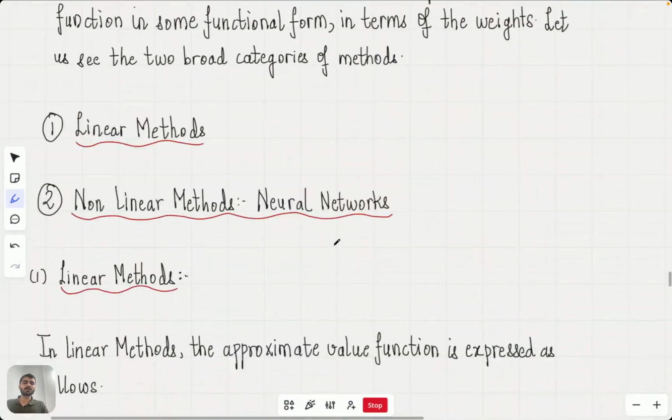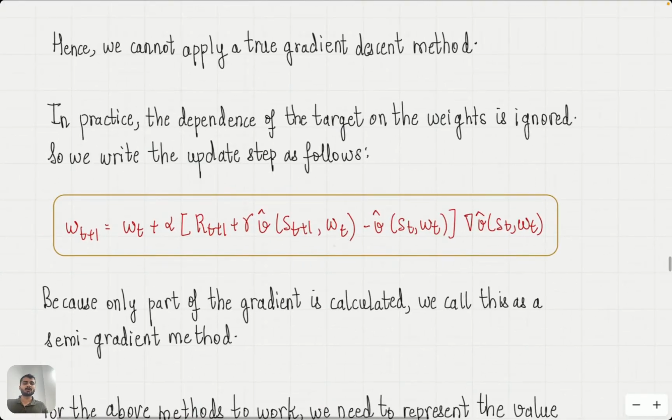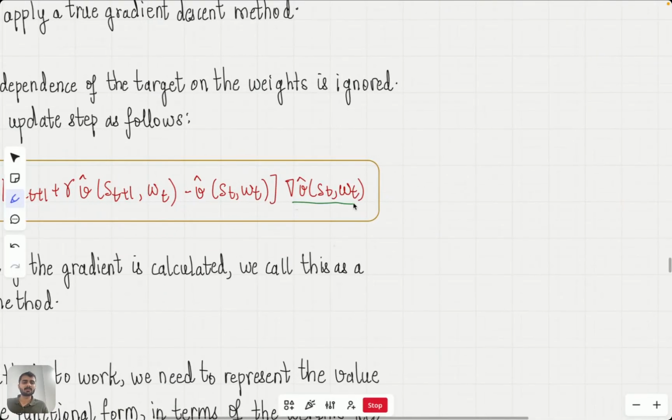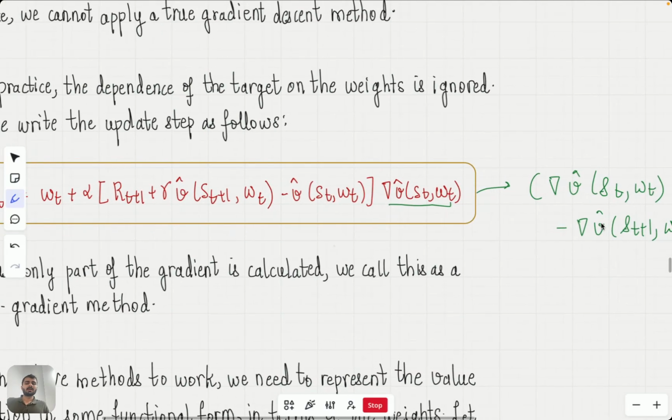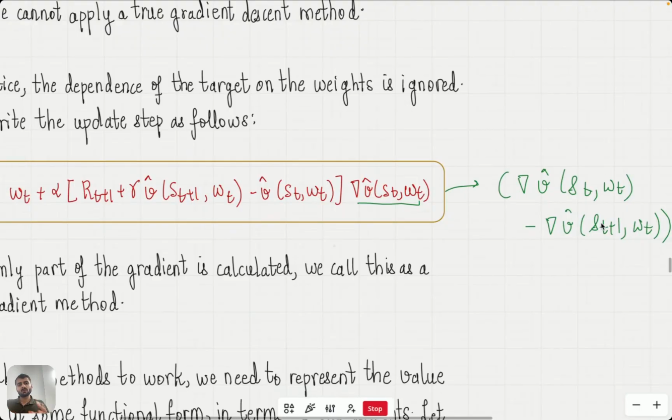So the actual formulation will also have this. This term will be replaced by grad of v hat s t plus 1 comma w t, and this term will be replaced by this term minus grad of v hat s t plus 1 comma w t. I encourage all of you to use the chain rule again and see whether this is true or not.